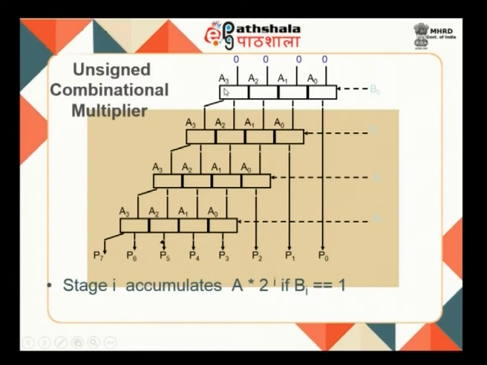This is the first partial product, and this is the second partial product that is going to be formed. For each of these bits you have an AND unit here, which will AND the multiplier bit with the appropriate multiplicand bit and produce either a 0 or a 1 depending on your multiplier bit. If your multiplier bit is 0, it will produce a 0. If your multiplier bit is 1, it will just replicate that multiplicand bit.